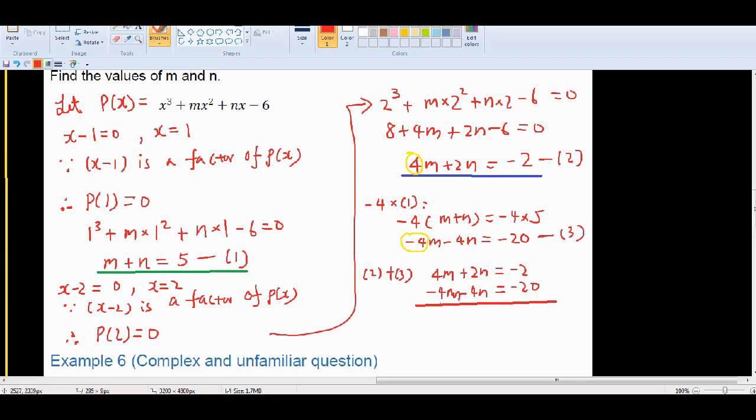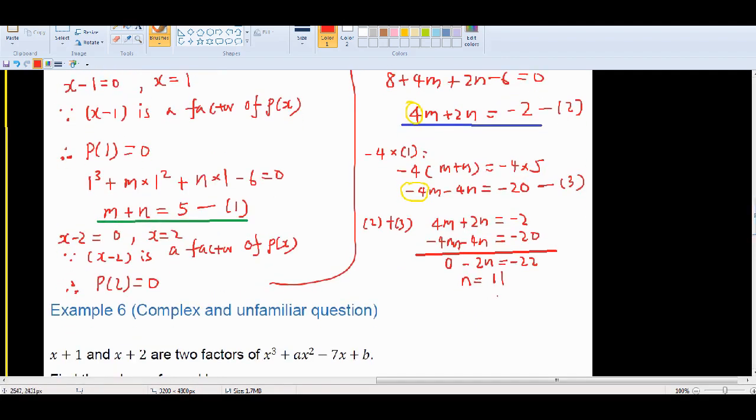Then you will have 0 here, minus 2n equals minus 22. So n equals minus 22 divided by minus 2, that will give us 11.